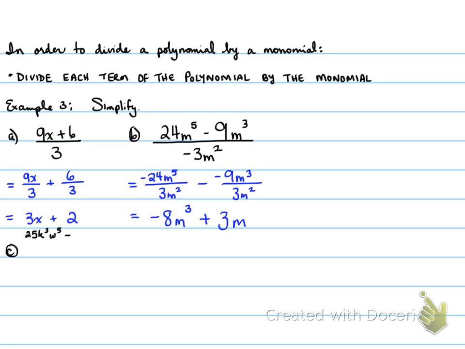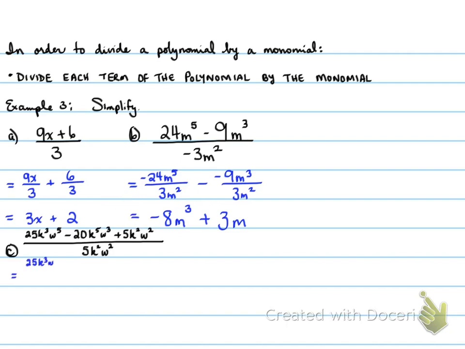Let's try another example, and a little bit harder here, folks. So let's give you a big trinomial divided by a pretty big monomial. What do we do here? Well, you take the denominator and you give it to each term of the numerator.